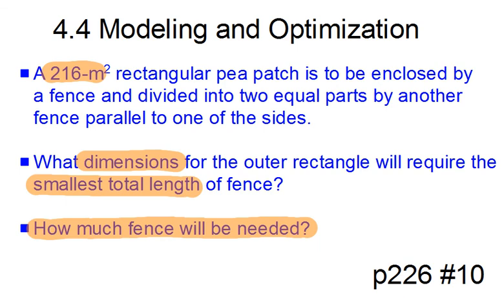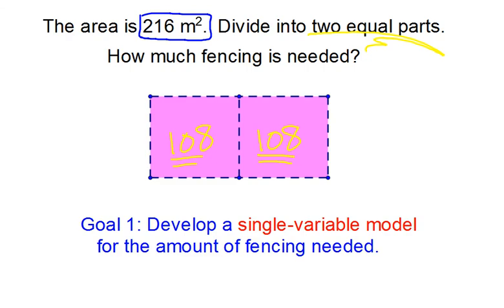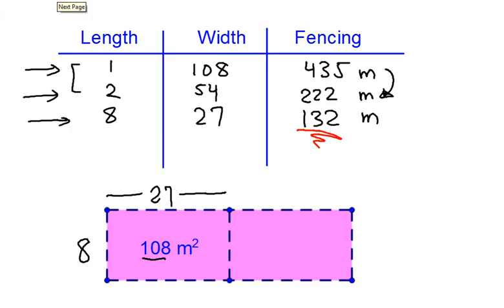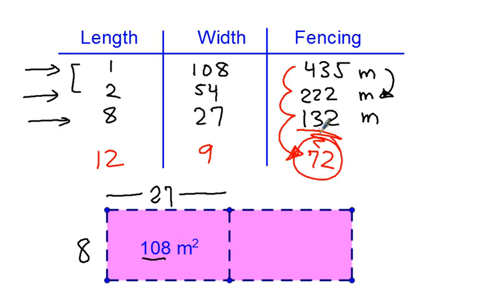We tried a few cases, and notice that the optimal dimensions were 12 by 9 for an amount of fencing 72. This is way better than any of the ones we ran earlier.